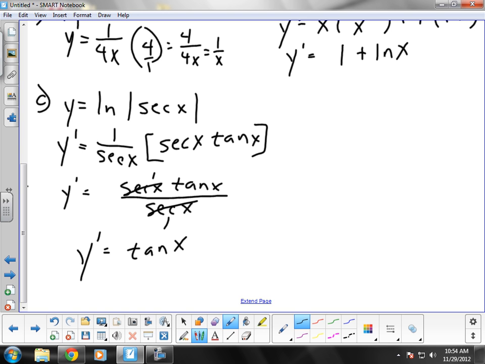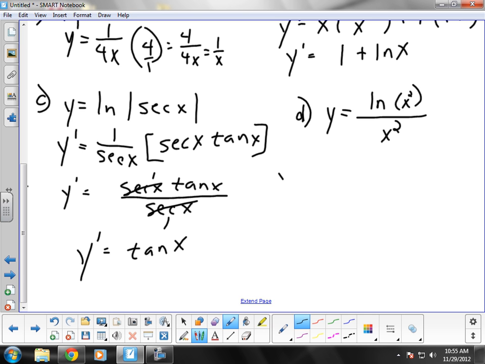All right. So, last one. Y is equal to the ln of x squared over x squared. I don't need absolute values because x squared is always going to give me a positive number, right? Okay. What's going on here that I have to pay attention to? I have to use the quotient rule, right?